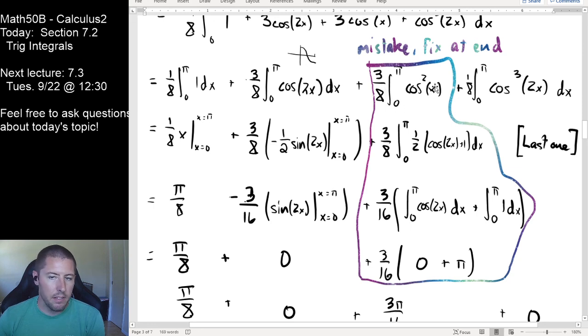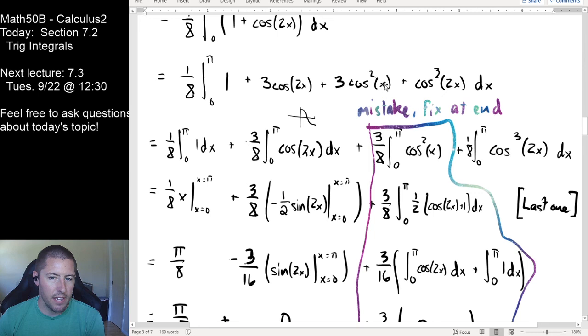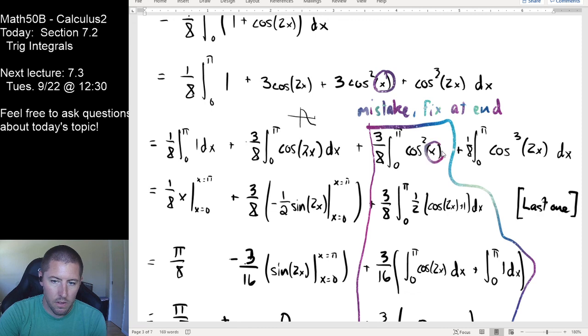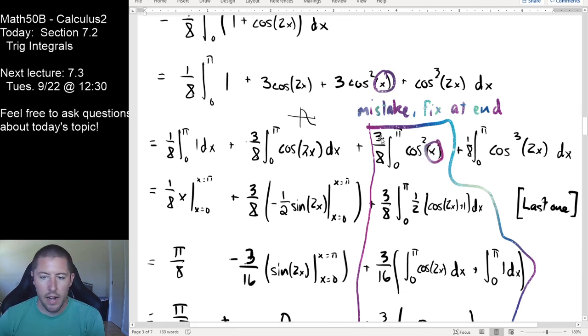The thing that I failed to do here is that was a cosine squared of 2x, not 1x right there. In fact, I even did it right there as well. So I'm going to go fix that right now.